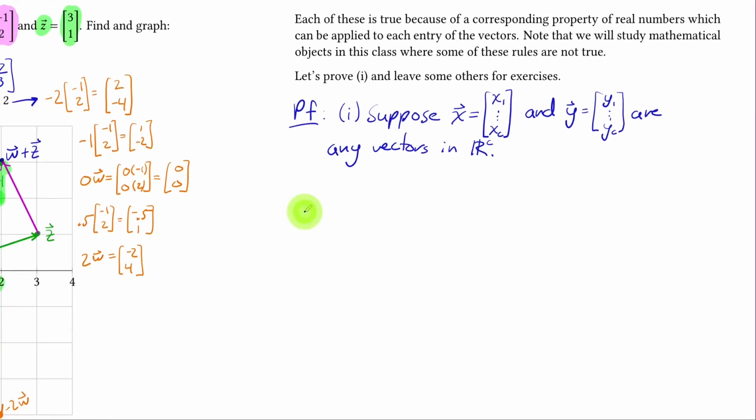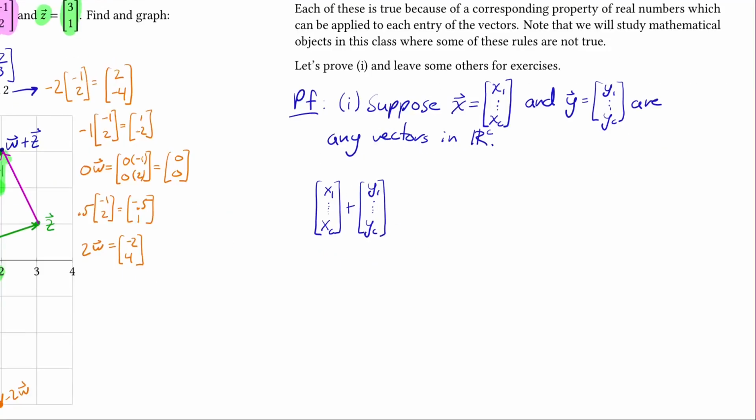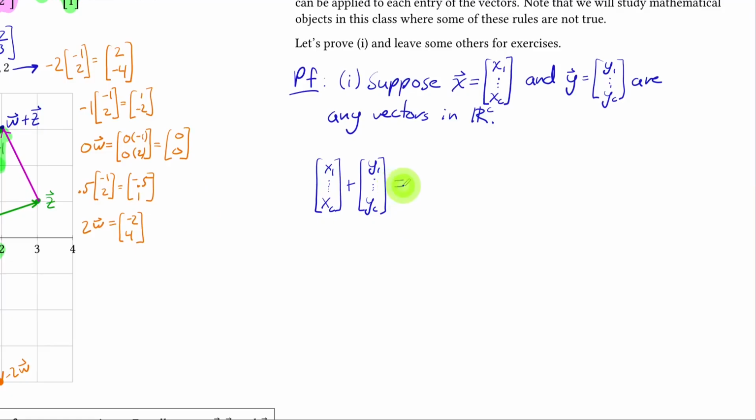So the definition of x1 through xc plus y1 through yc is the vector where all the components are added, like so.